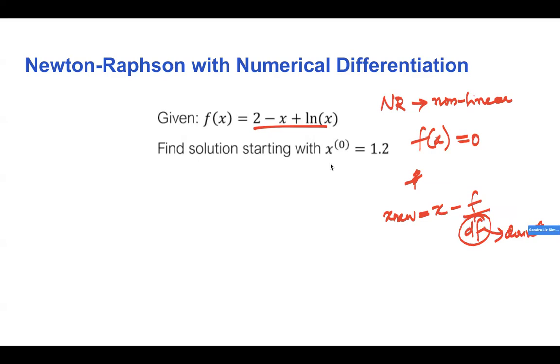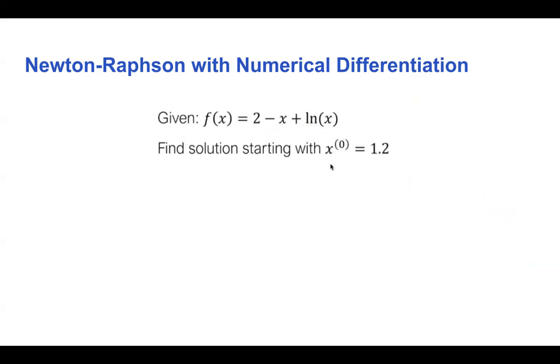This is what we used to do, and we used to use the analytical derivative. Here, instead of the analytical derivative, let's try to make use of the numerical differentiation formulas that we have seen.